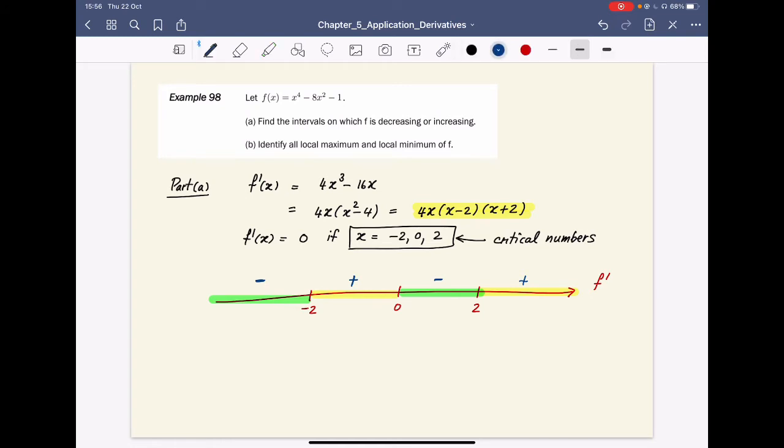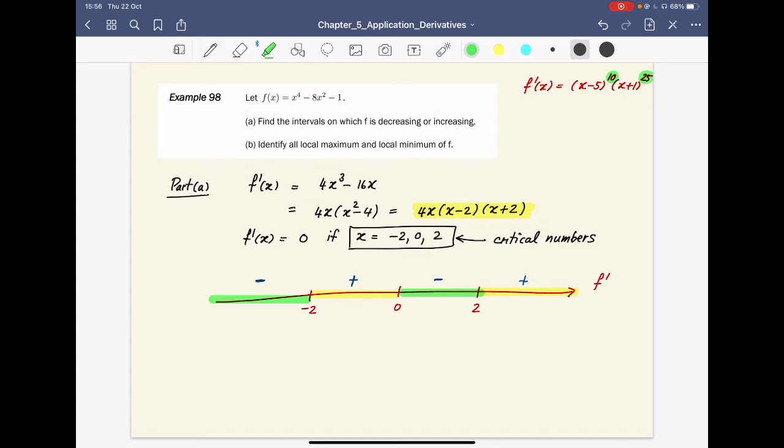For example, if you see something like f prime of x equal to (x minus 5) to the 10th power times (x plus 1) to the 25th power. Even though you know that the roots are going to be negative 1 and 5, you cannot just swap the sign at each root as with a linear factor, because your power here is not 1. This is what I mean by linear factor.